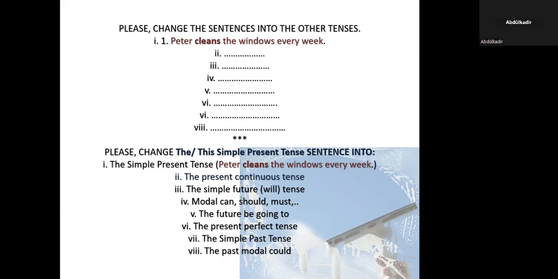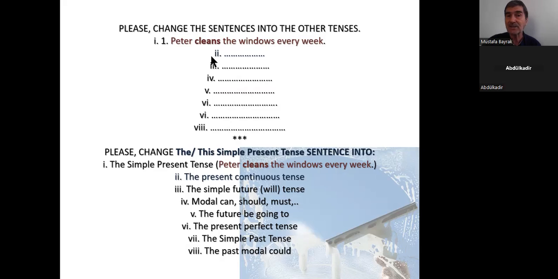What about must? Then it comes to responsibility. Responsibility comes to our minds. Okay, let's change it into another format with must, for example. Peter must clean the windows today.